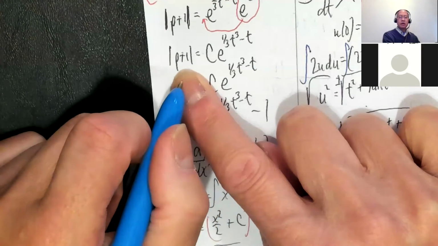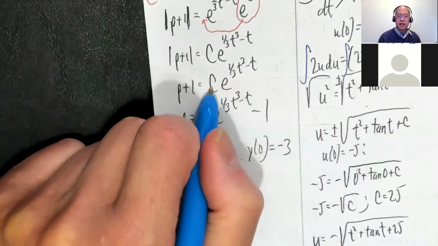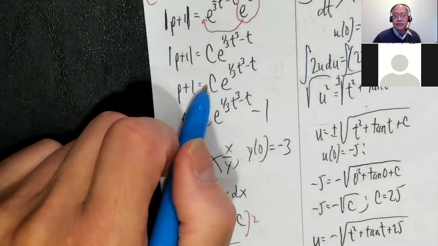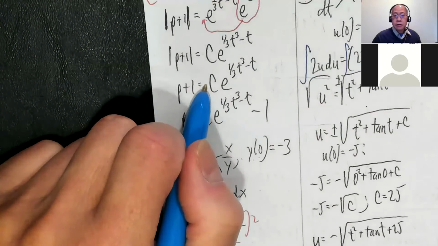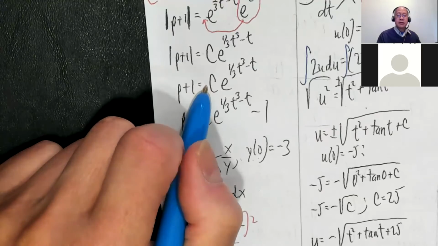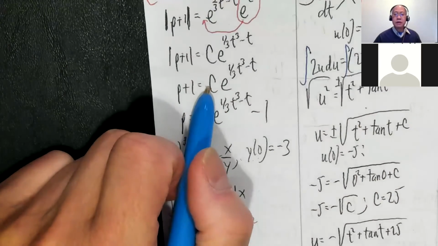Multiply both sides by -1, and you would have p plus 1 equals negative c, and so on. But from what we said before, what is negative c? Negative c is still just c, still just a constant. So like we said, when you have c, you can do a lot of math and sweep it under the rug, so to speak.